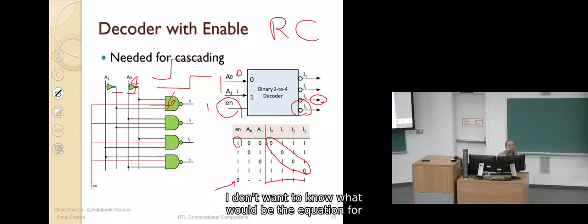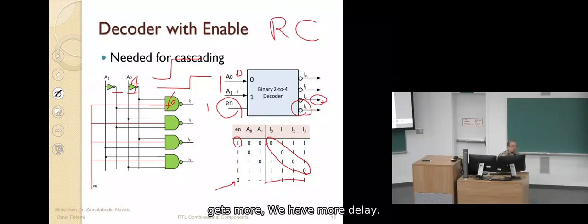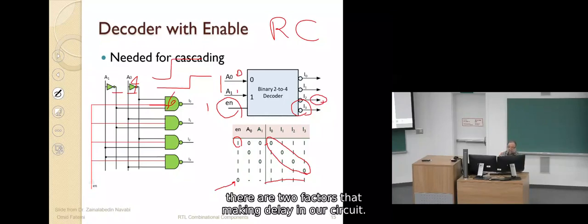I don't want to know the equation for the delay value with the value of R and C. But I just want you to know that when R gets larger, the delay gets larger. If C gets larger, we have more delay. Capacitance and resistance are two factors that make delay in our circuit.